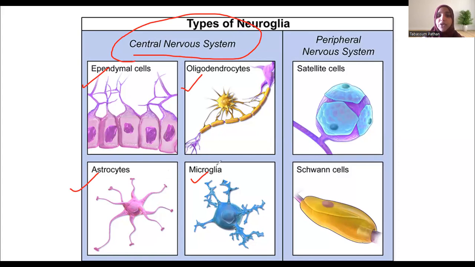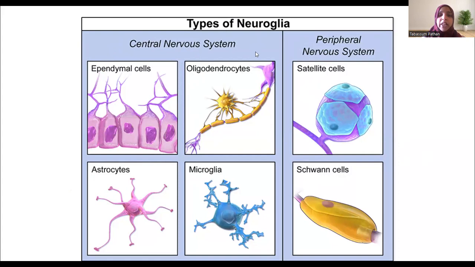These are the types of neuroglial cells you will find associated with neurons in the brain and spinal cord. Whereas you have satellite cells and Schwann cells specifically associated with the peripheral nervous system. We are going to take this up one by one and see their function and where they are present.